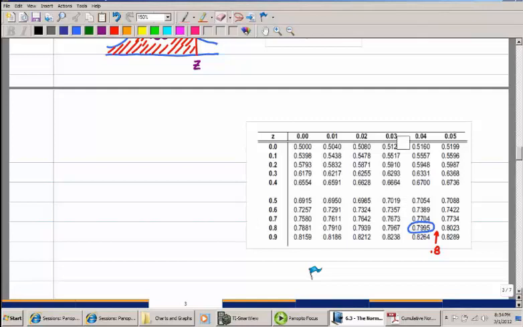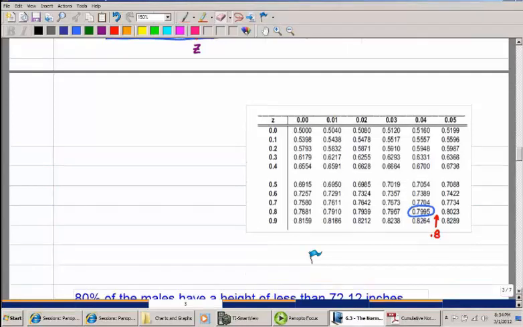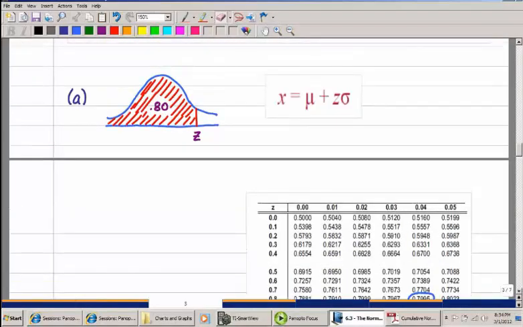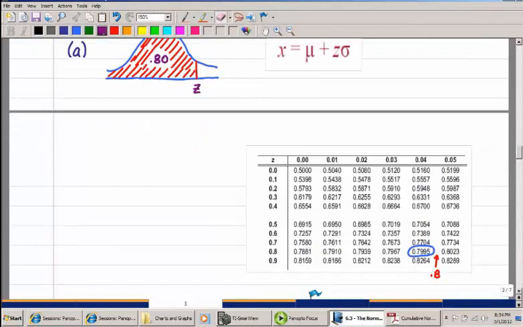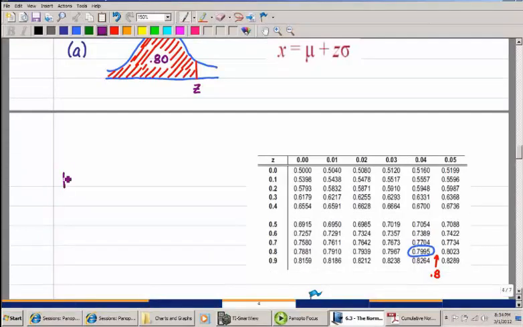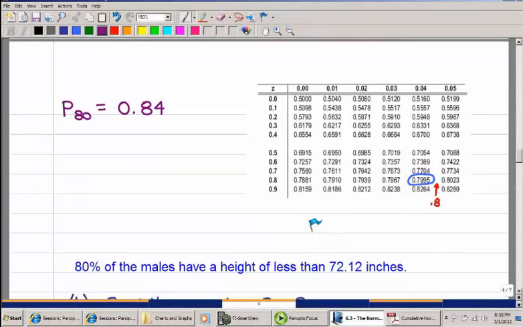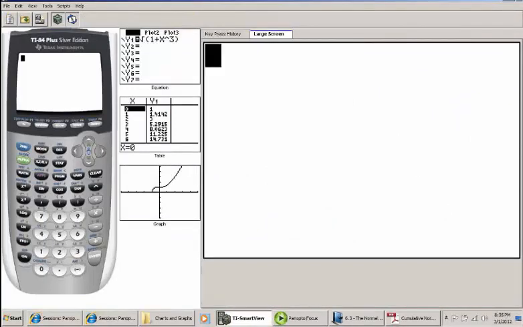So it's on the 0.8 row, 0.04 column, so my percentile value is 0.84. So I'm going to write P of 80 is 0.84. Now I'll do the inverse norm in the calculator real quick.